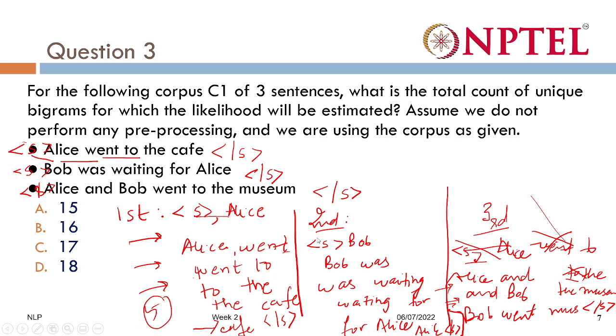So we had 5 from here. Then 1, 2, 3, 4, 5, 6 from here, and from here 1, 2, 3, 4, 5.